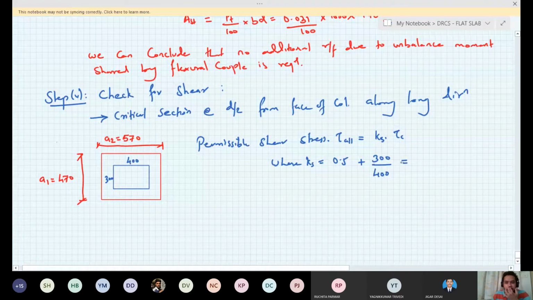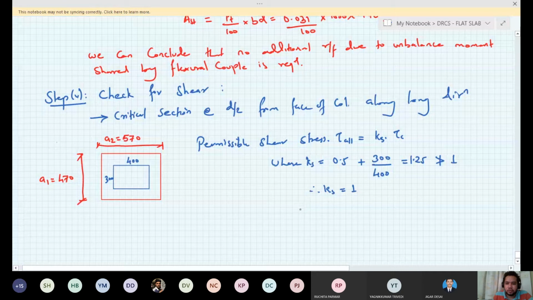So this ratio is 0.5 plus 3 by 4, it will be 1.25. But this value cannot be more than 1, so we'll take Ks is equal to 1, because this value cannot be more than 1.